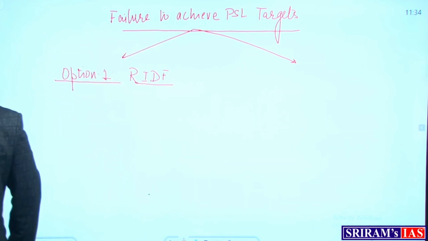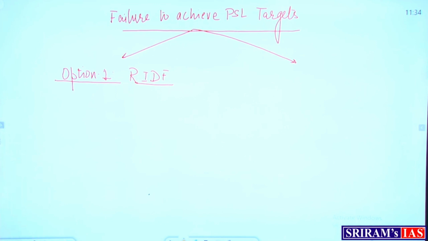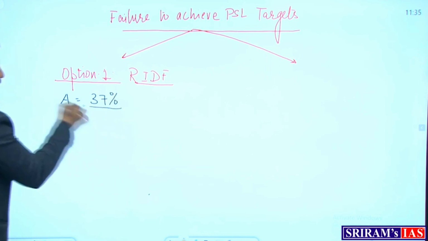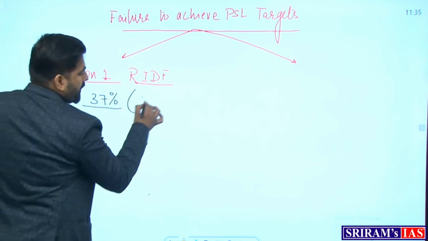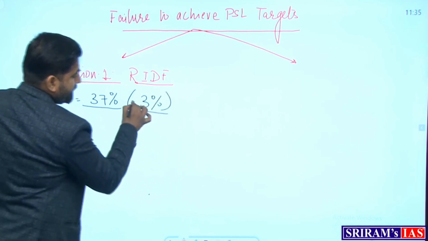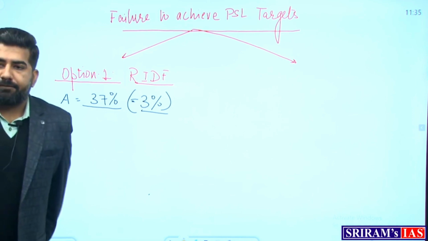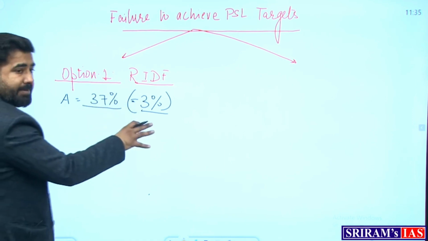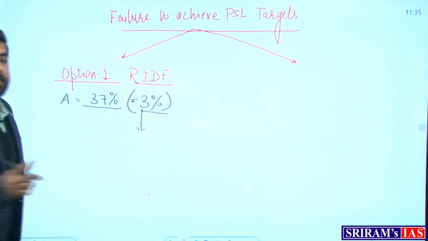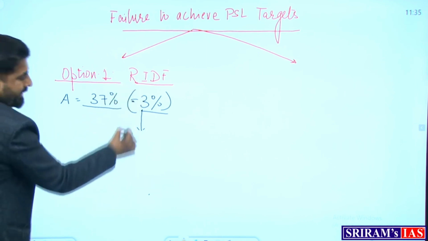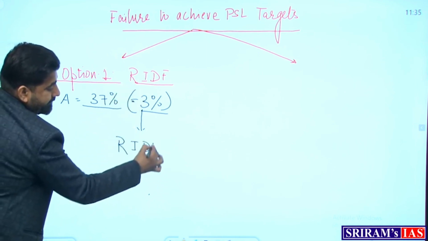Option 1 says that if the bank has failed to achieve the PSL target, assuming bank A has achieved only 37% PSL requirement, which means it is short of how much? 3%? Yes or no? It is short of 3% PSL requirement. The first option says that the RBI asks the bank to put the shortfall, this is technical language, in total PSL lending into a fund known as RIDF.